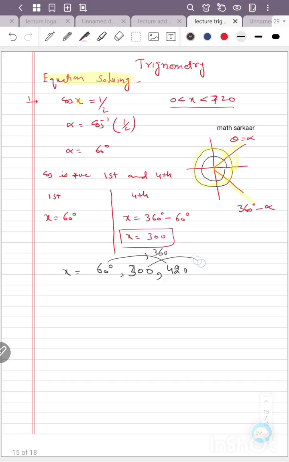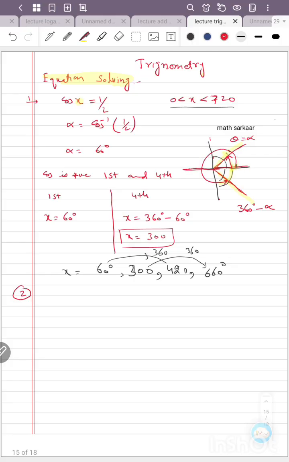Now again we add, because after going through 360, we add 90, then 90, then 90, and then we have to complete more. When we add 300 plus 360, we get 660. Hopefully you understand these questions.